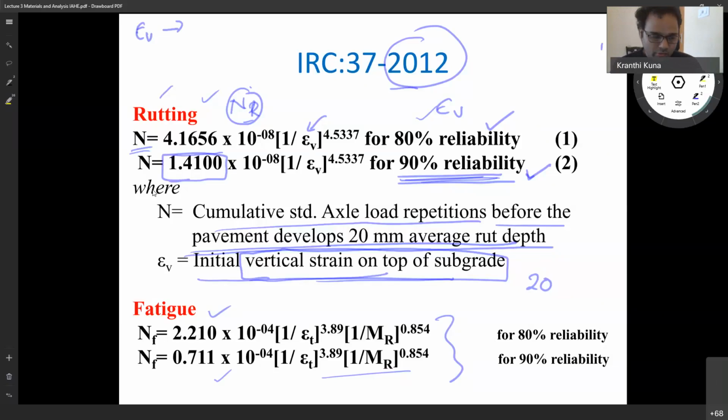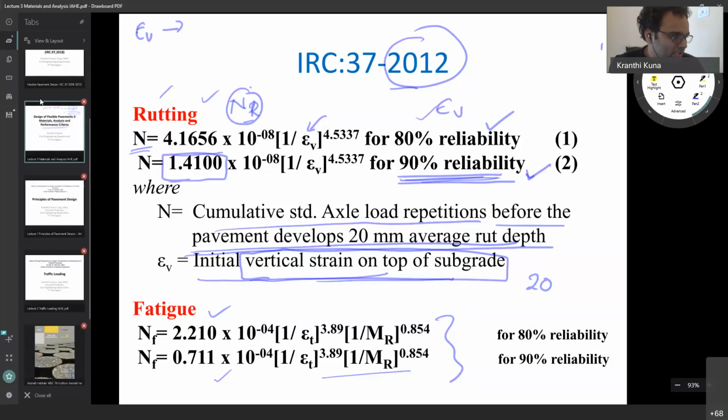So the next thing I want to discuss is this: so far, what we studied is the background that is necessary for you to understand IRC 37. Now, if you read IRC 37, you should be able to understand various aspects of it. For that matter, any design guidelines, any flexible pavement, we discussed the background. So what I will do now is cover what exactly is written in IRC 37.